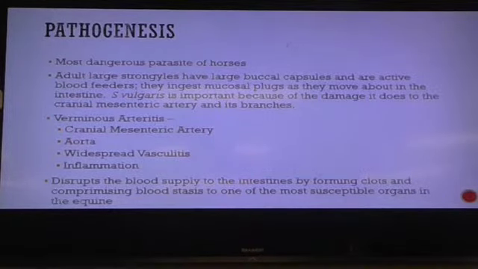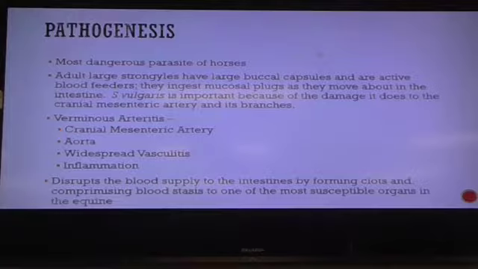So this is an important parasite because it can be very dangerous. Adult large strongyles have large mouth parts or buccal capsules, and they are active blood feeders. They ingest mucosal plugs as they move about in the intestine, and they can cause damage to the cranial mesenteric artery. If you remember, that is the artery that supplies the gut.